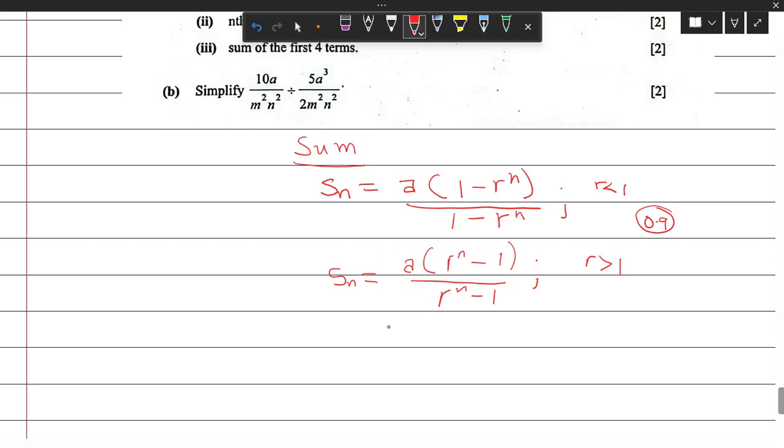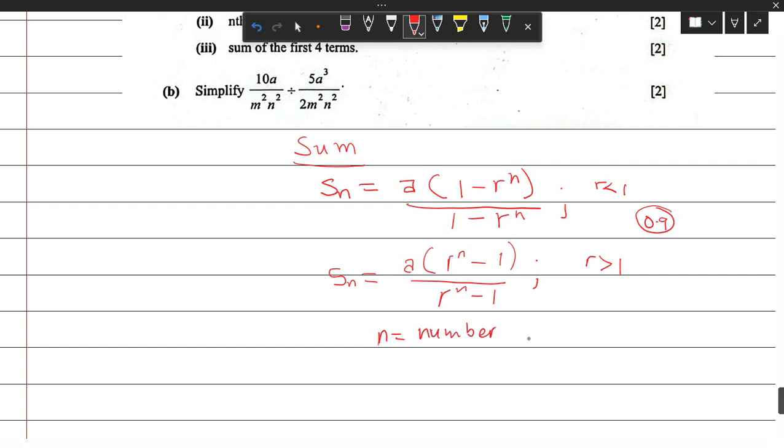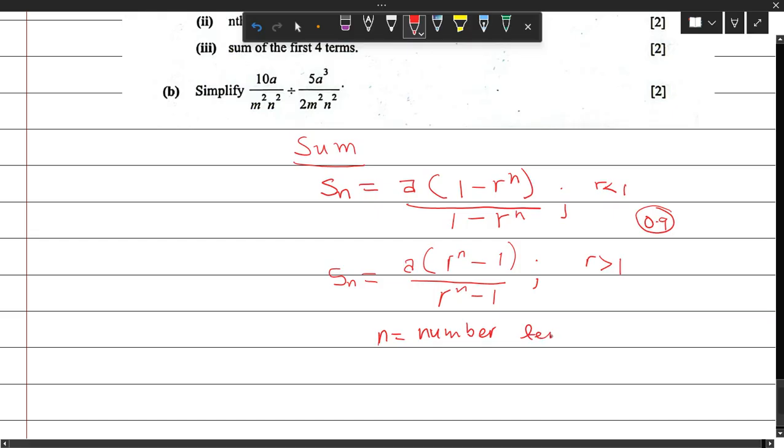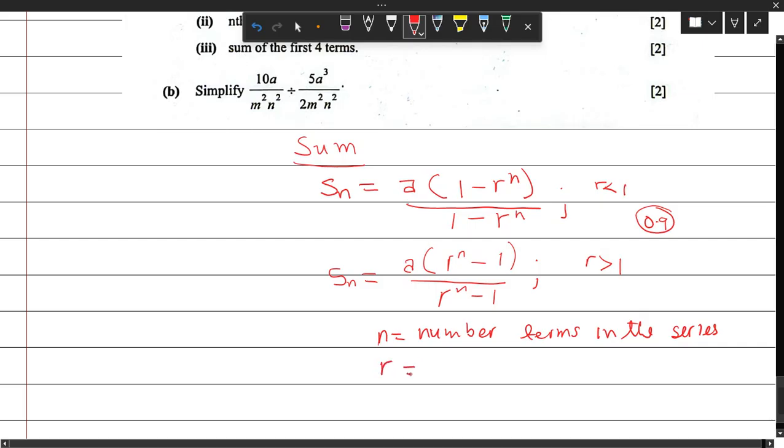Here you need to define some terms. n is the number of terms in the series. r is the common ratio.